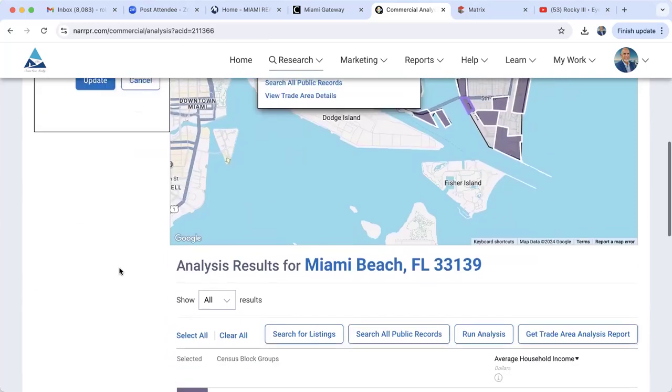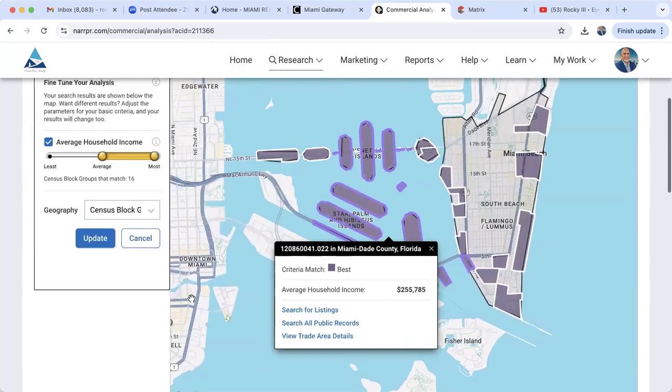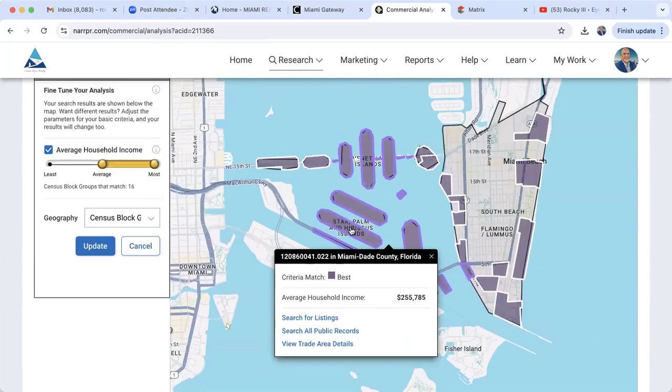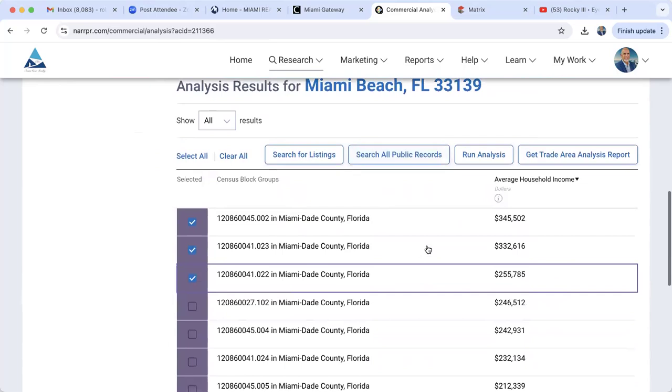So again, these are your average household income. Third place is Hibiscus, Palm, and Star Island. Keep in mind, guys, most of these people don't really report their income, per se. That's the reported income of $255,000.